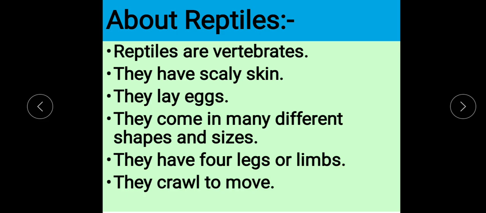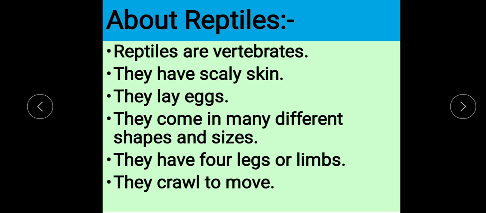When we were talking about insects, they have 6 legs. But reptiles have 4 legs or limbs. Okay. Next point, they crawl to move. Reptiles crawl on their bellies from one place to another.